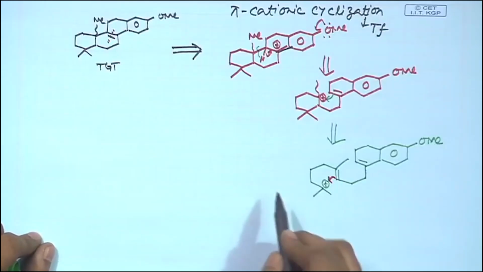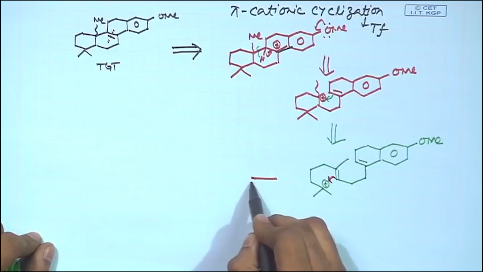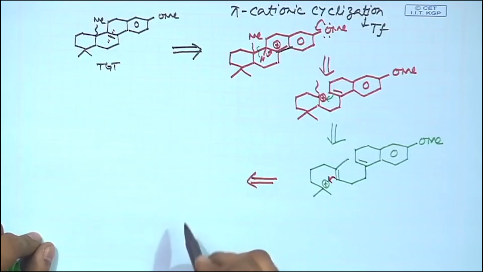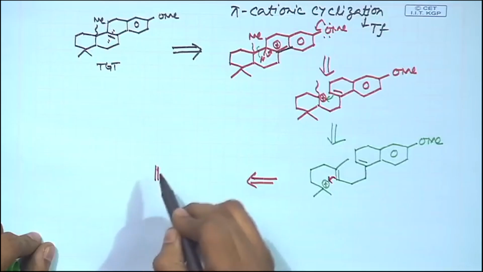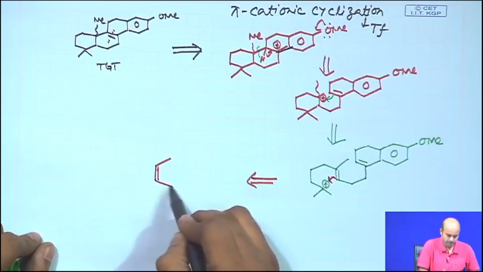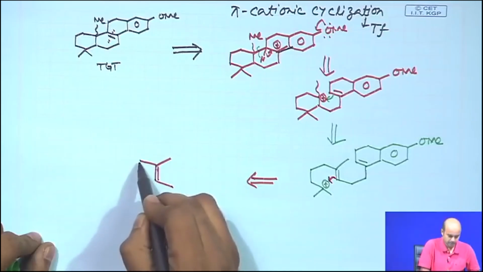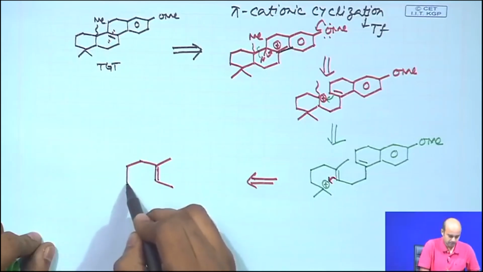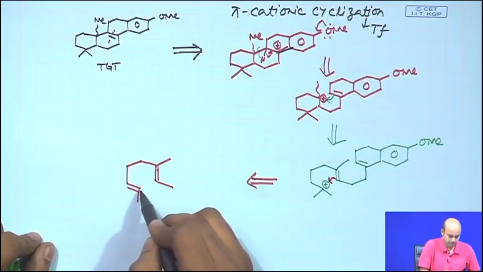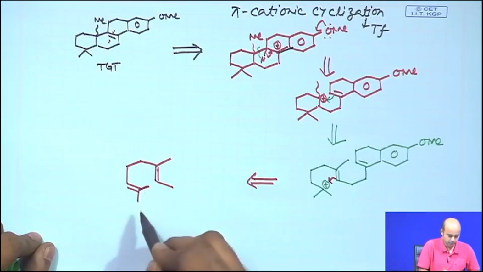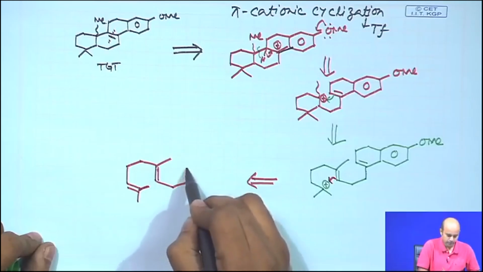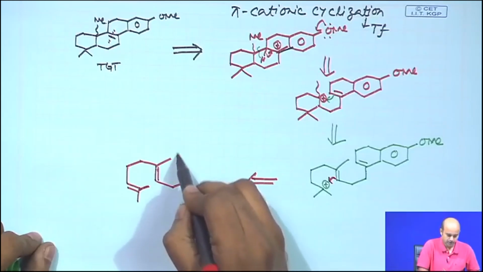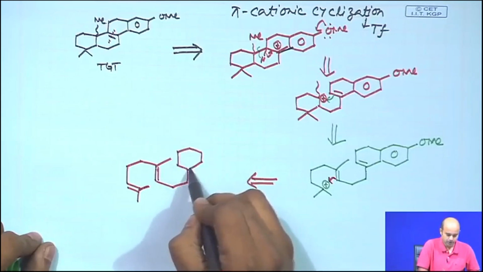Now we will try to figure out what will be the suitable starting material. Put 2 methyls here and then try to figure out the remaining ring.